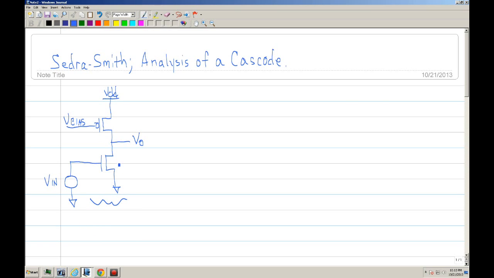Okay, here's an N channel MOSFET, and here's the P channel, and you have your input voltage.